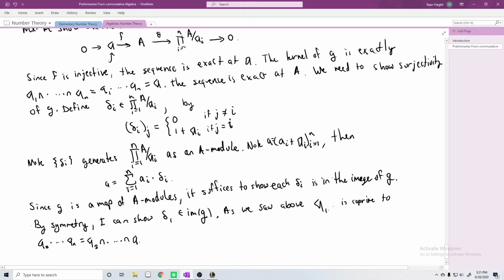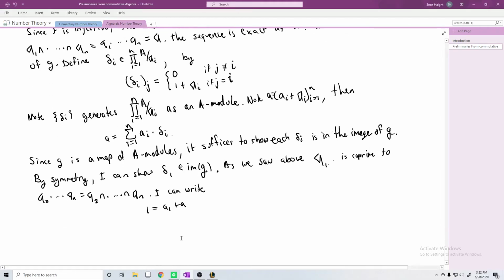This was this induction style argument that we had earlier. So what does that mean? It means I can write 1 equals A1 plus A, where A is in the intersection and A1 is in this ideal A1.